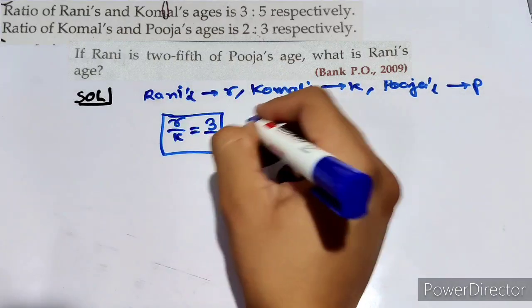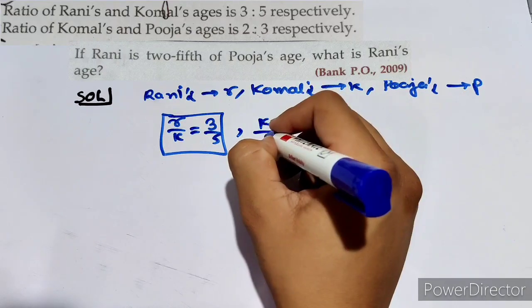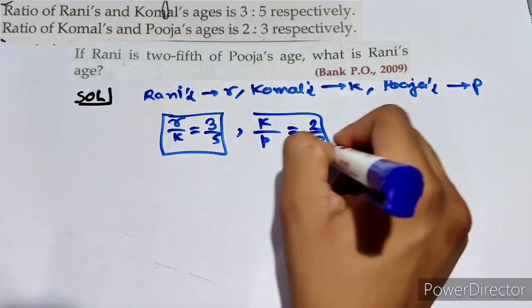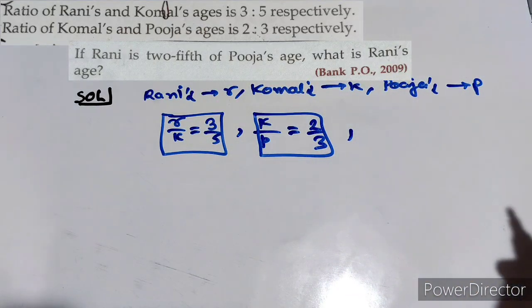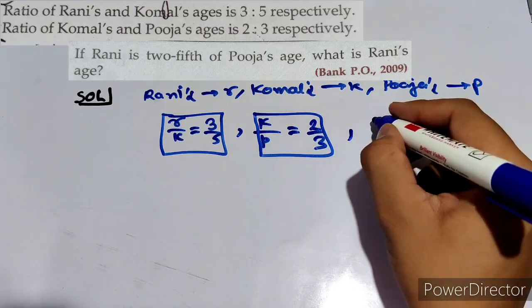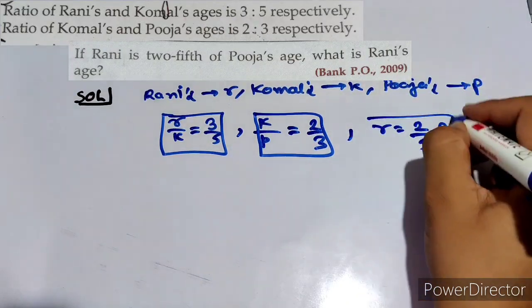This will give us one equation, and it is given that K is to P is equal to 2:3. This will give us the second equation, and the third, one more thing, it is given that Rani is 2/5 of Pooja's age.